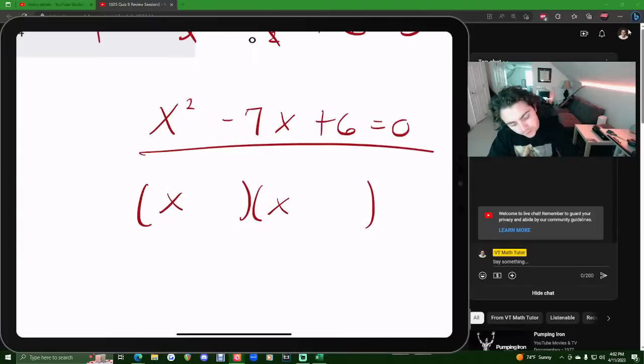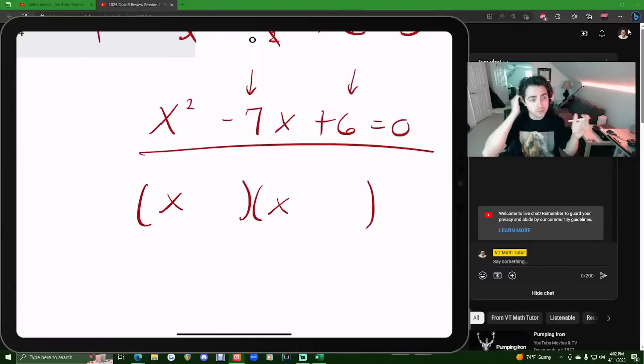We want two numbers that multiply to 6 but add to negative 7. It's usually easiest to think about two numbers that multiply to the 6 first. One possible option would be, say, 2 times 3. 2 times 3 in no capacity could add up to negative 7, so we use 6 and 1.